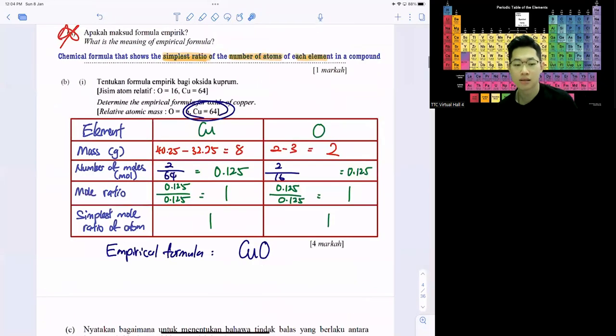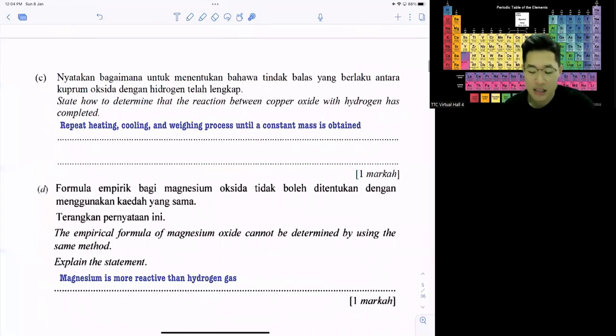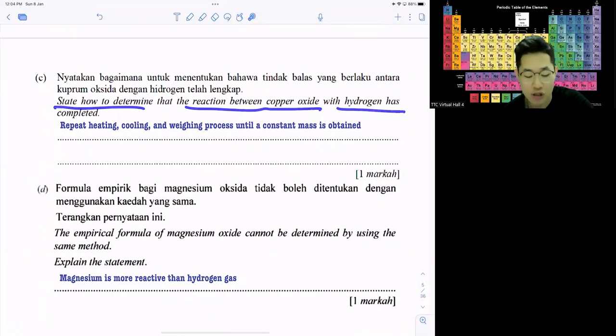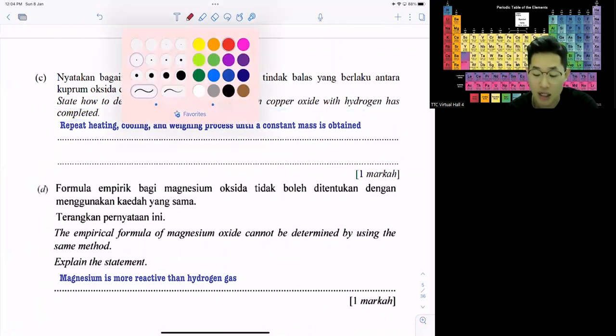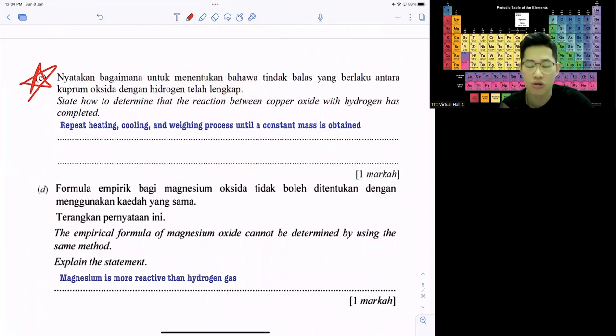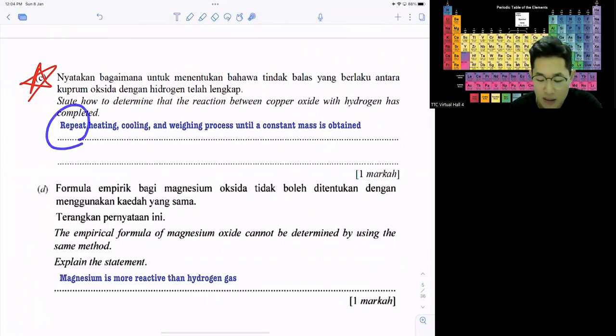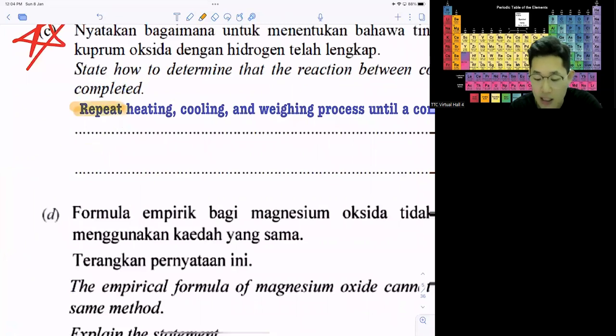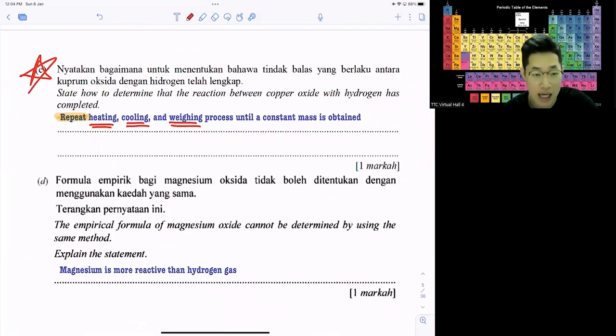Next. State how to determine that the reaction between copper oxide and hydrogen has completed. This is a very popular question. So how do you know that the reaction has completed? You have to repeat heating, cooling, and weighing, 3 processes.